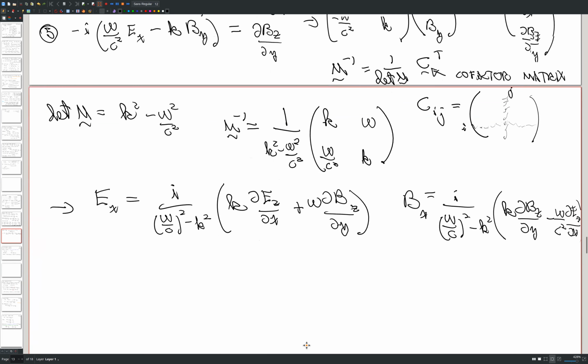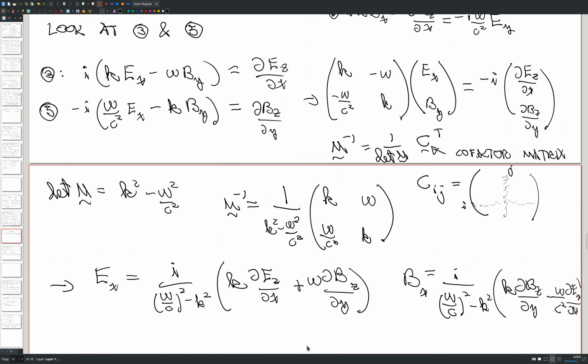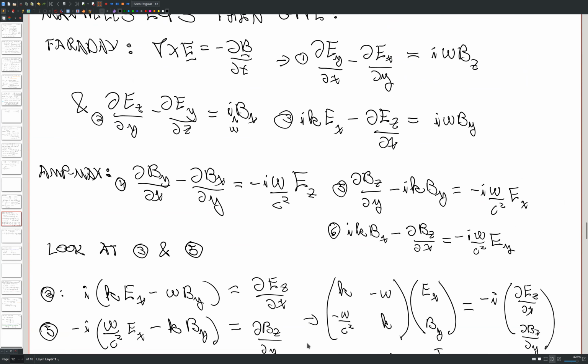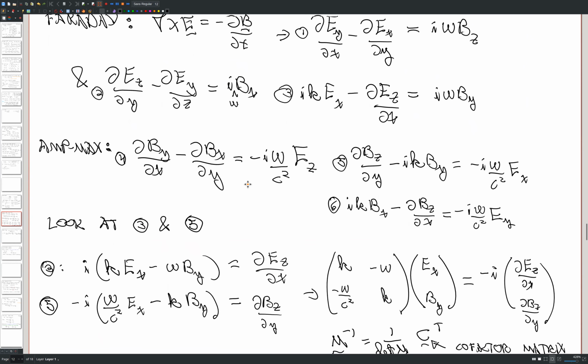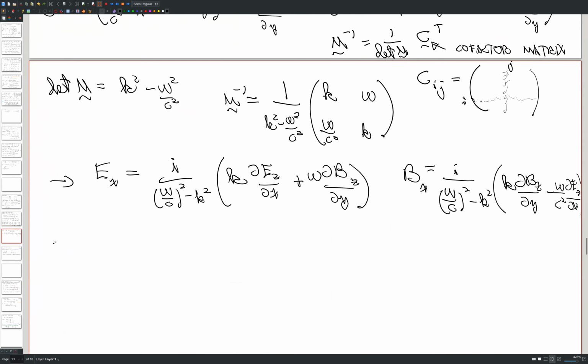Now, there's exactly the same kind of treatment you can do for the y components. You just need to choose the other two equations giving you this. So with the y components, you'll want to use 6 and 2, yes. And this is going to give you equations for Ey and By, which look a little bit similar. I'll just write it down.